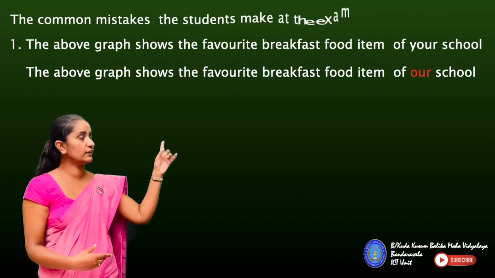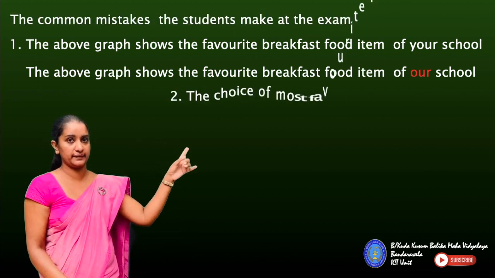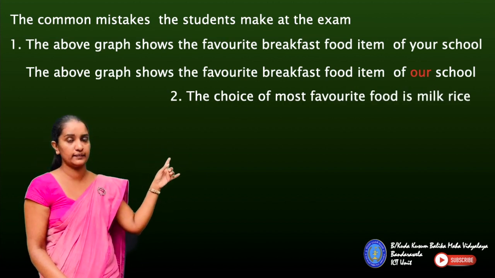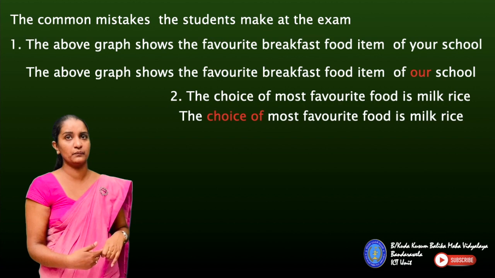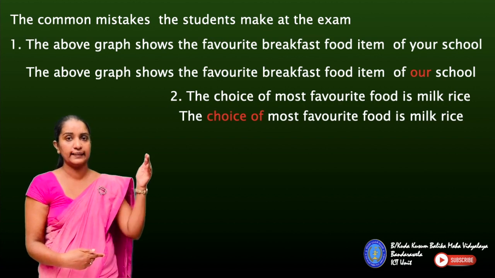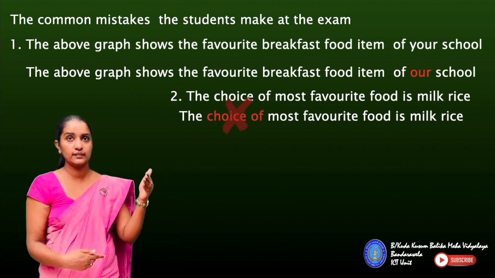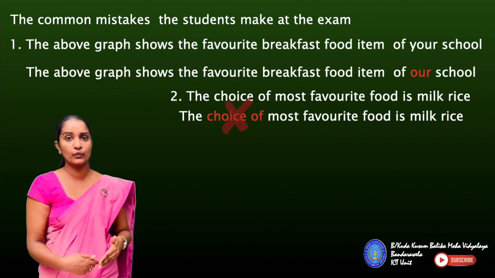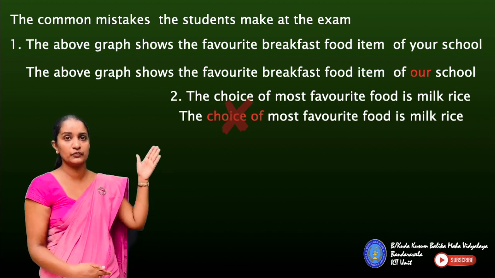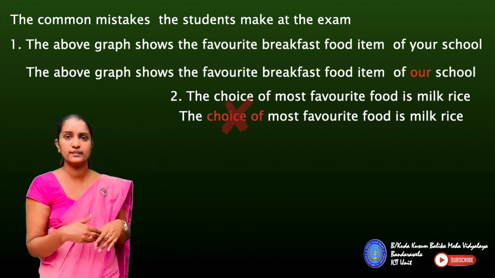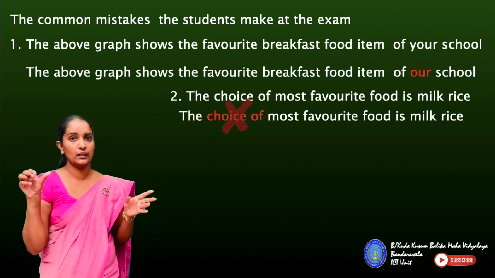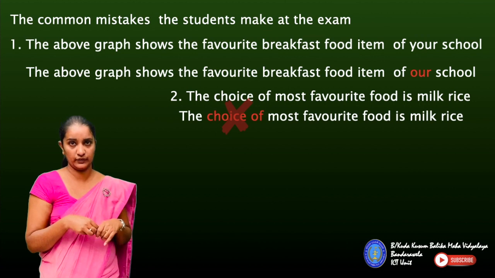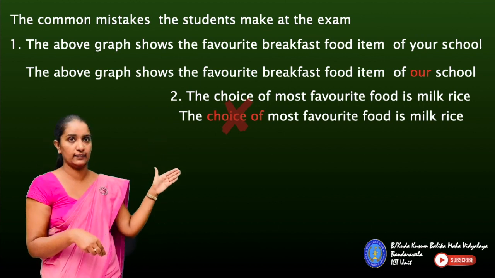And look at the second one. I have written the first sentence with the mistakes and I have highlighted the mistakes you made. Look at it: the choice of most favorite, because the title says the choice of most favorite. So you also use this choice of. There's no need, and you have to avoid the words choice of, and then you can start it like this.